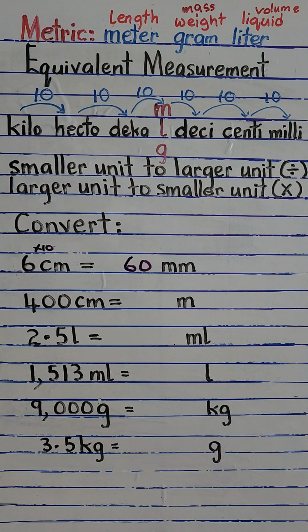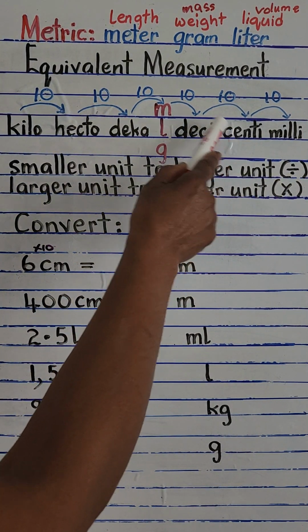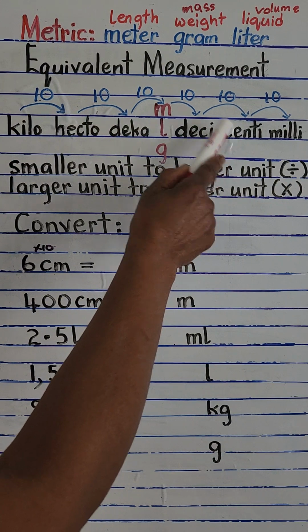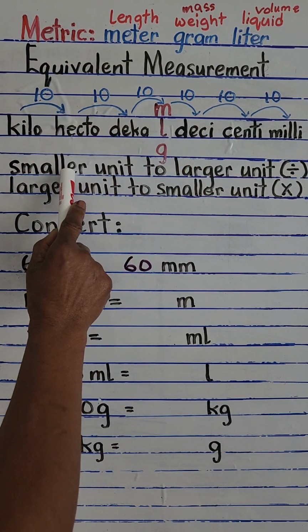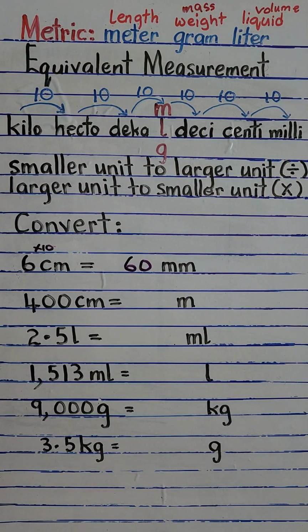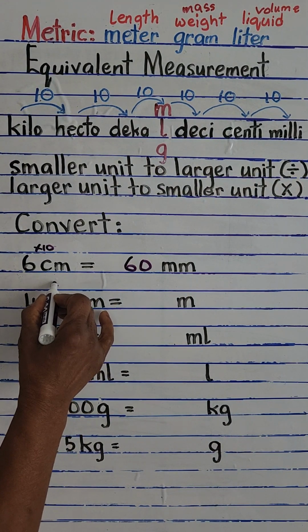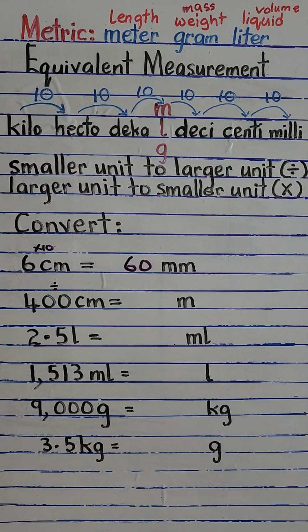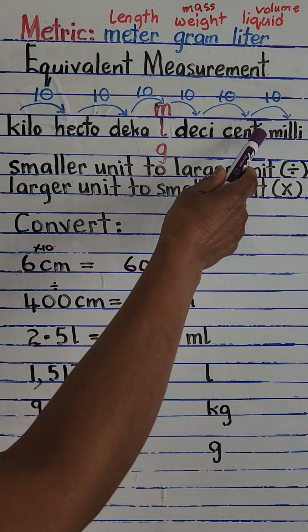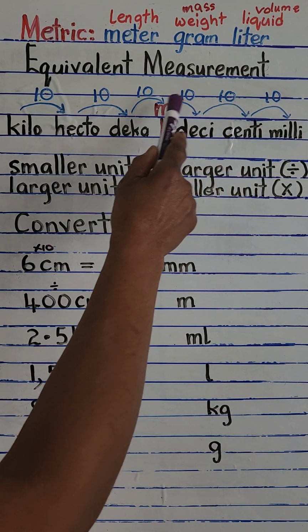Next, 400 centimeters to meters. Centimeter to meter, that is smaller to larger. Smaller to larger, we divide. How many centimeters make a meter?